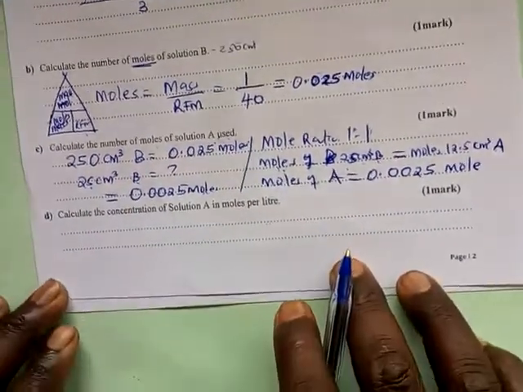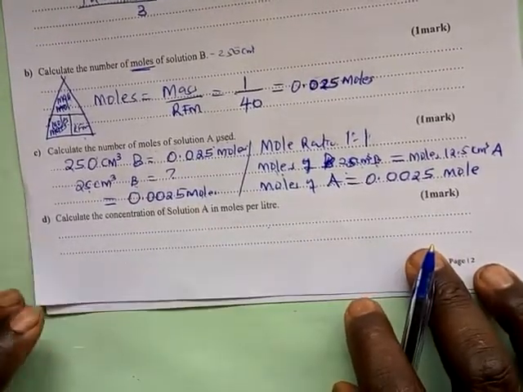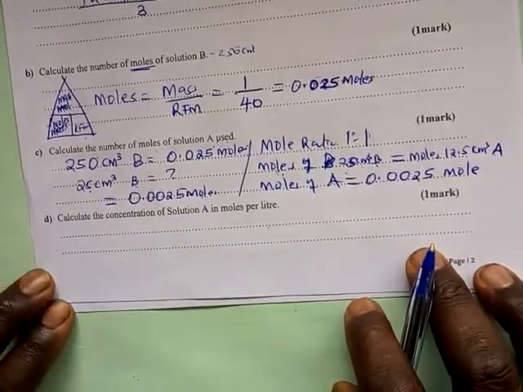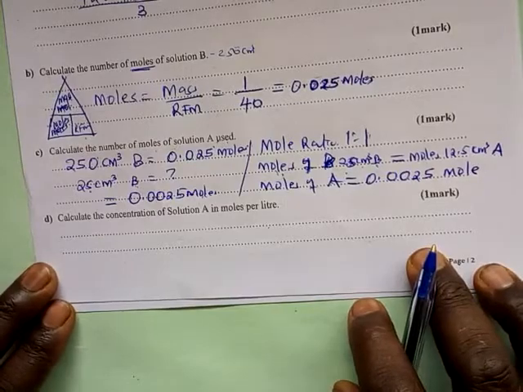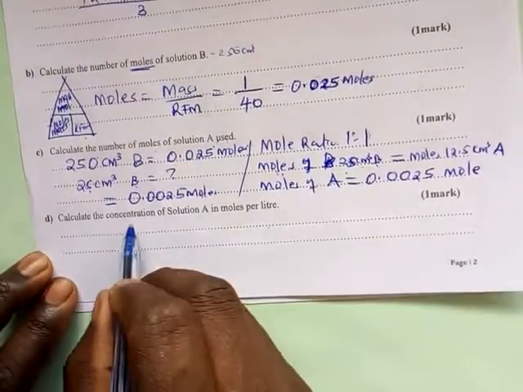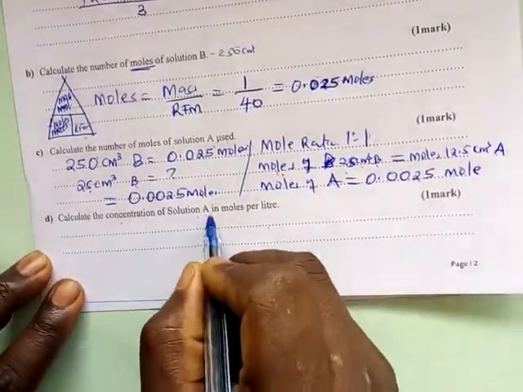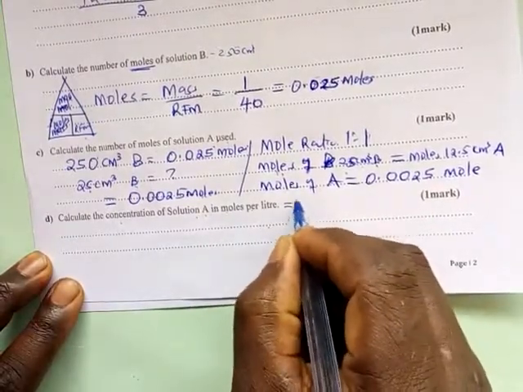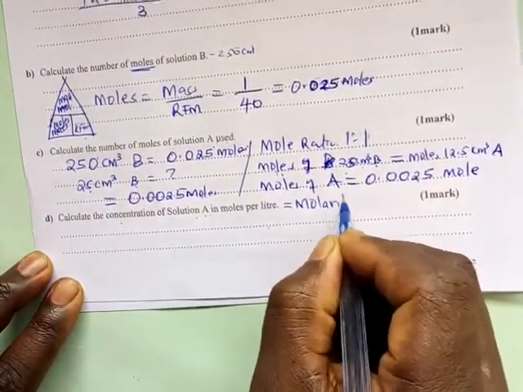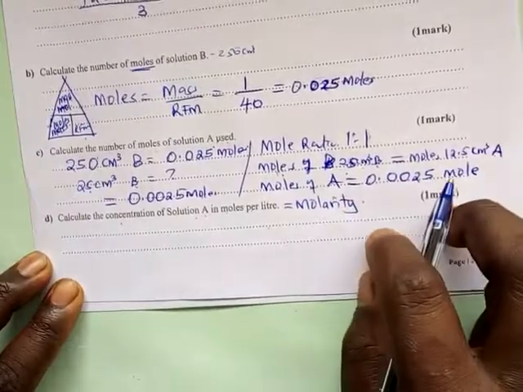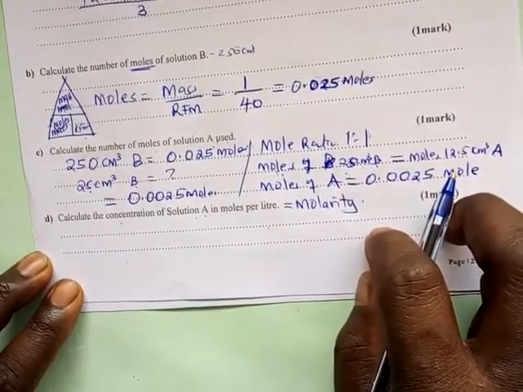So let us go ahead and finish part D. Calculate the concentration of solution A in moles per liter, which simply means molarity. Molarity is the number of moles in 1 liter.